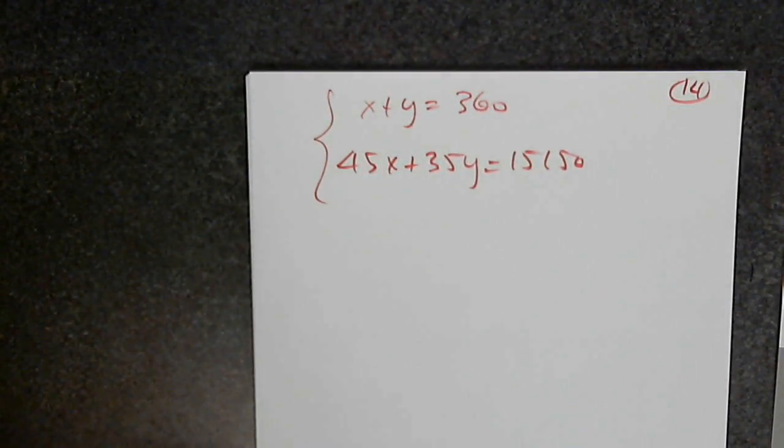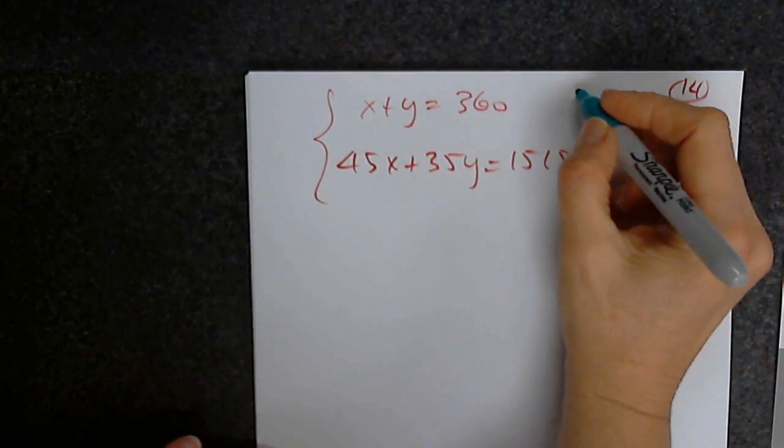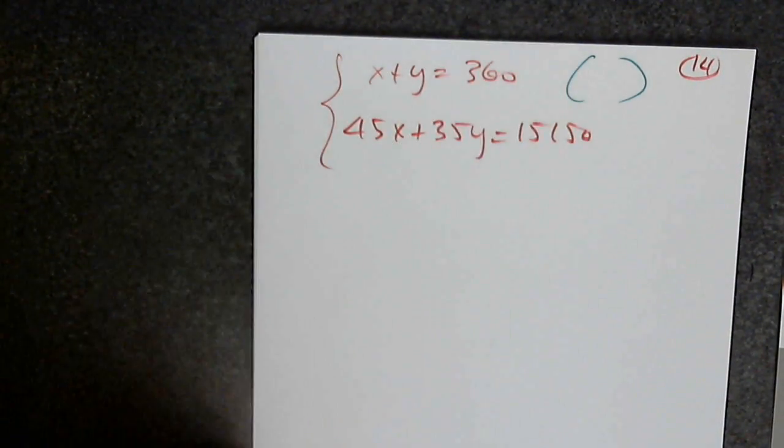So what would you like to do? Substitution or elimination? Okay, if we use elimination, we have to multiply the top one by whatever you want to eliminate, and it has to be opposite.